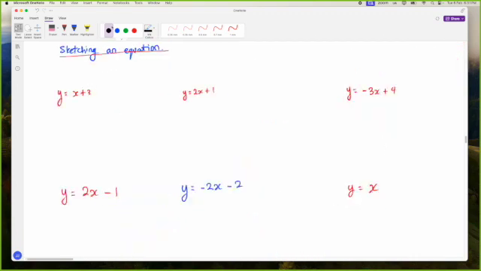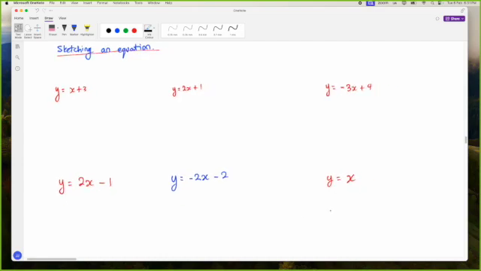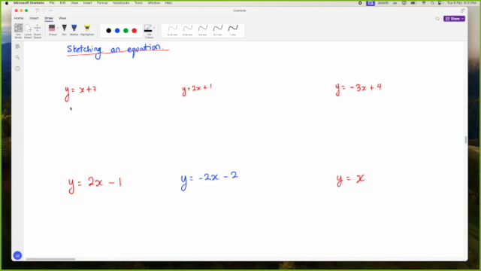So we're talking about sketching here, and you can see that these are the very same equations that we did in the last class, and we are just going to sketch the equations by looking at them. You can see that I have this and this. You can tell that I'm going to be cutting at +3, and that the line is going to be sloping this way.